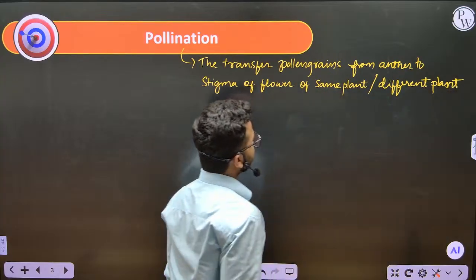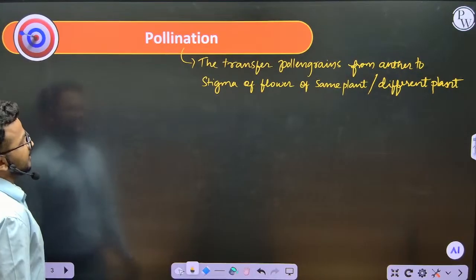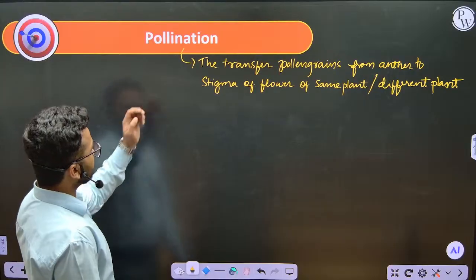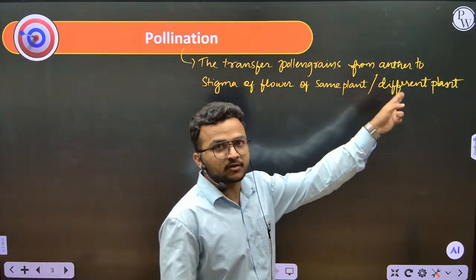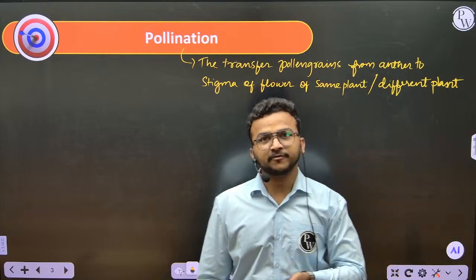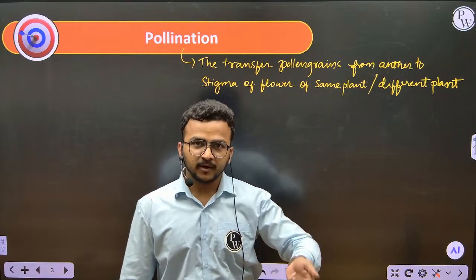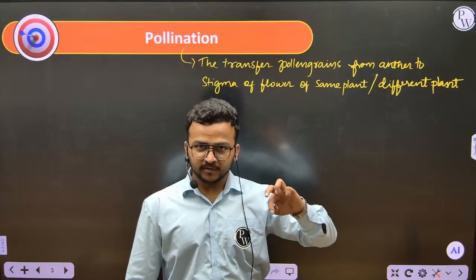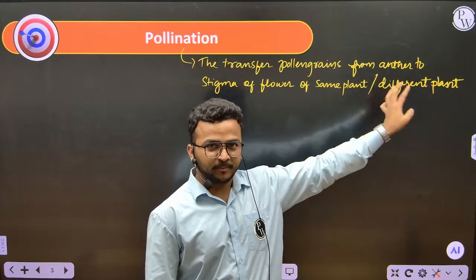We call this process pollination. The process of transfer of pollen grains from anther to the stigma of the same flower or of a different flower of the same plant or of a different plant of the same species.